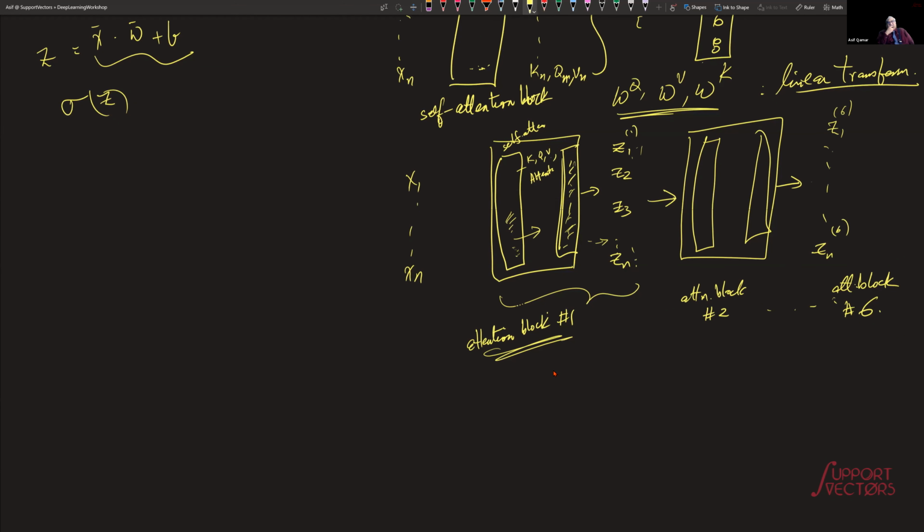Are we together, guys? So you chain these together as though they were layers. And this entire set of operations, all these blocks together, you call a head. A head in the encoder.